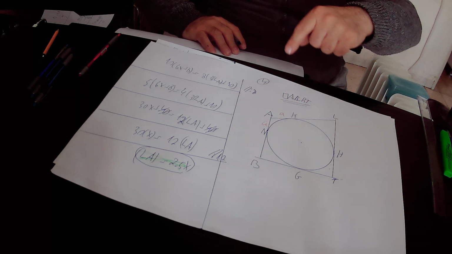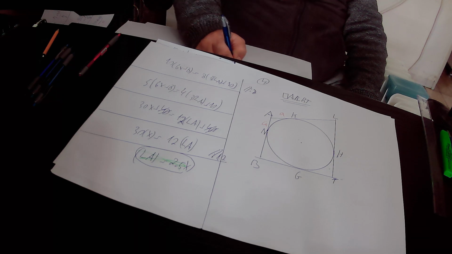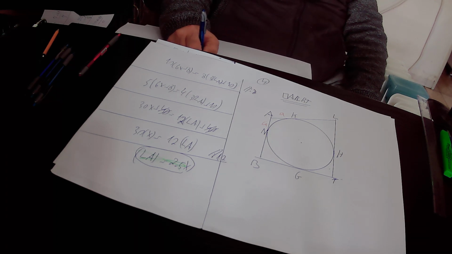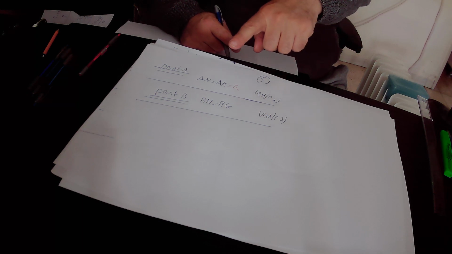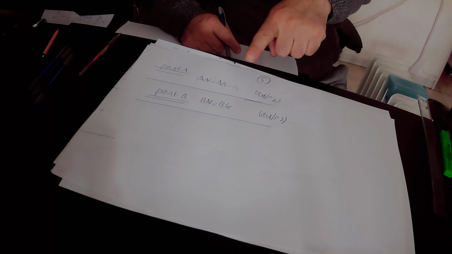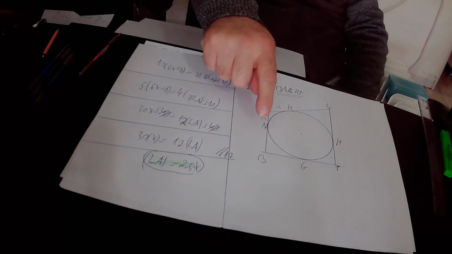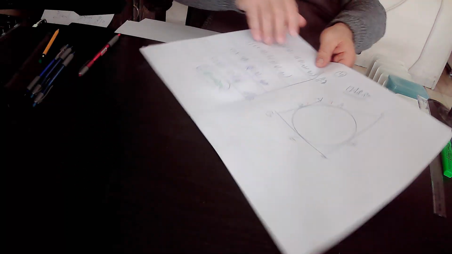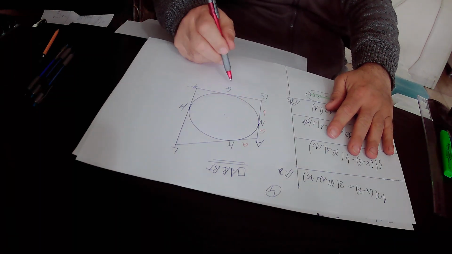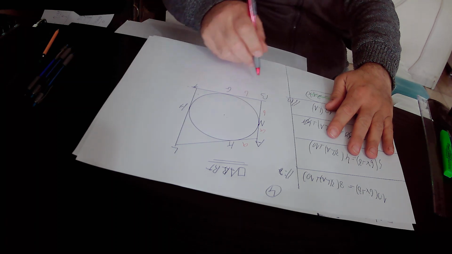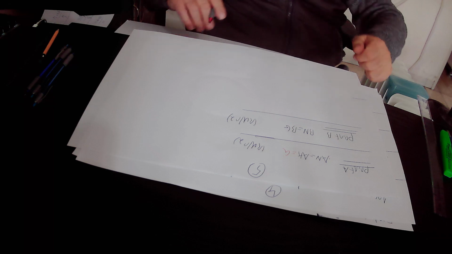That is to say, BN equals BG. If we define the length of tangent BN as B, then the length of tangent BG must also be B because they are equal. In conclusion, BN equals BG equals B.